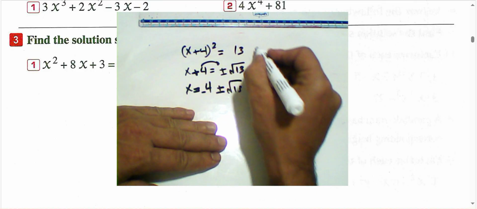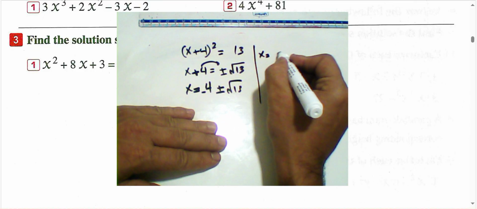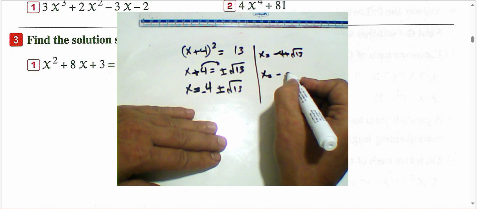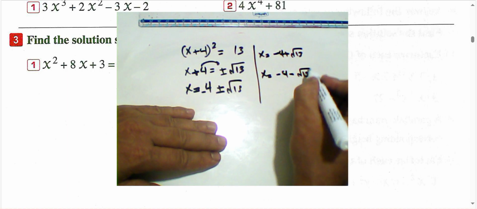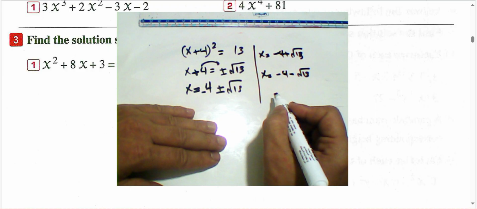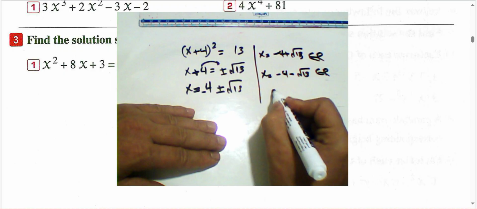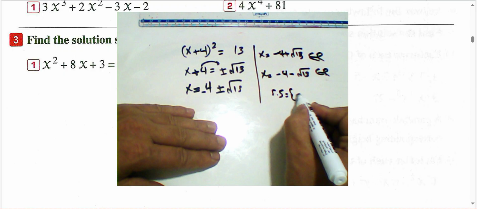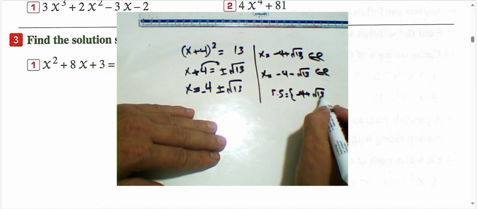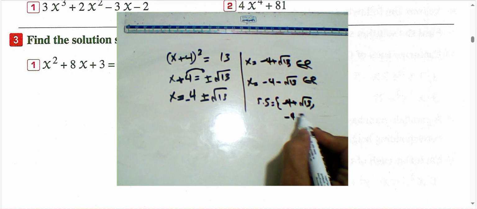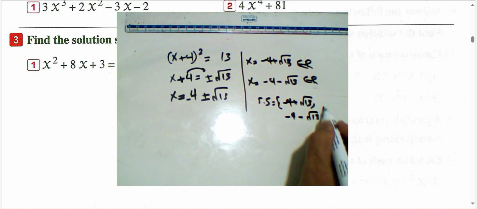Then we have two solutions. The first, x = -4 + square root of 13, and x = -4 - square root of 13. They belong to the real numbers. The solution set is -4 + square root of 13 and -4 - square root of 13.